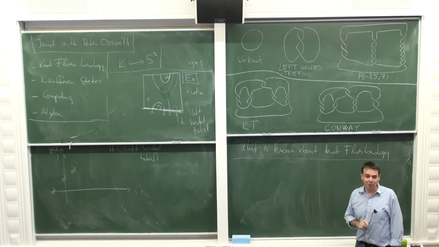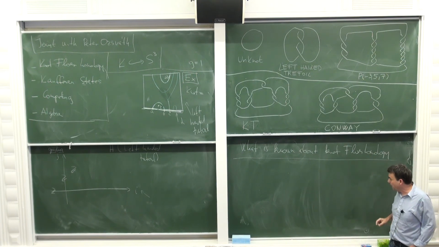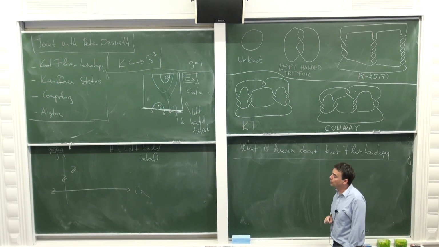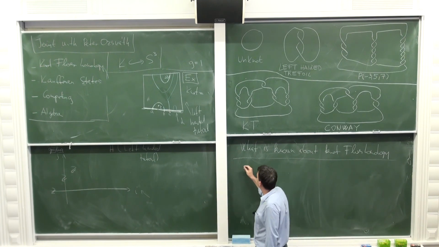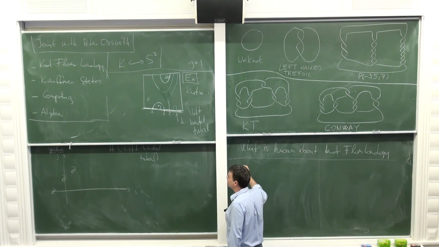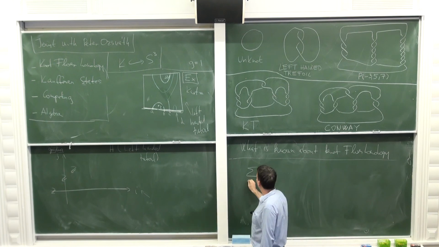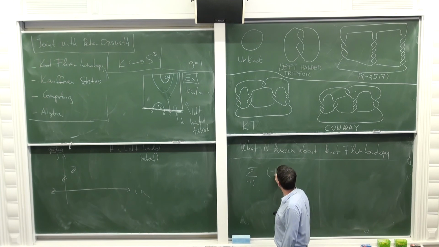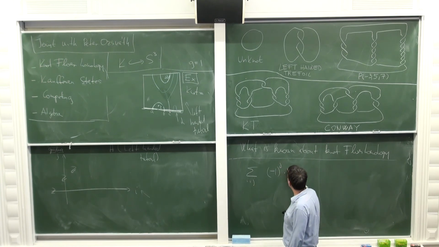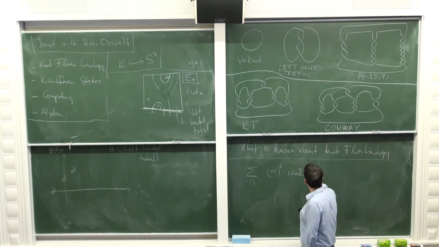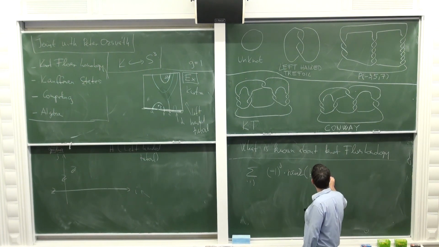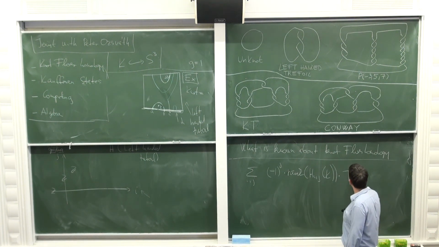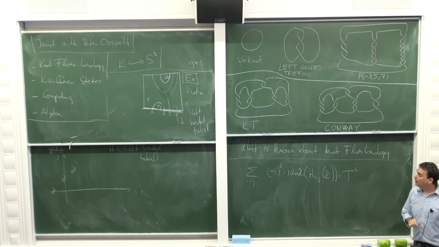So a few things that we do know about knot Floer homology. One thing, which is actually easy to compute, is the Euler characteristic. So you can take the sum over i and j of (-1)^j times the rank of the homology in bidegree (i,j), multiplied by t to the i.